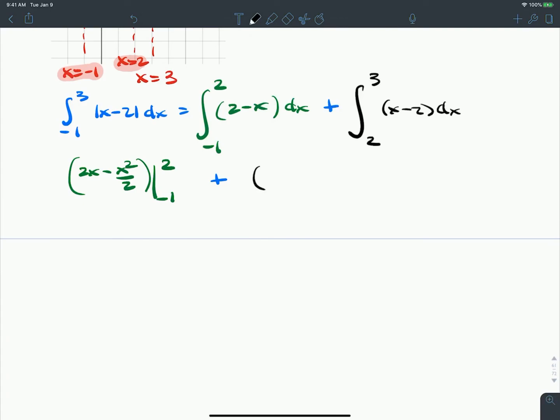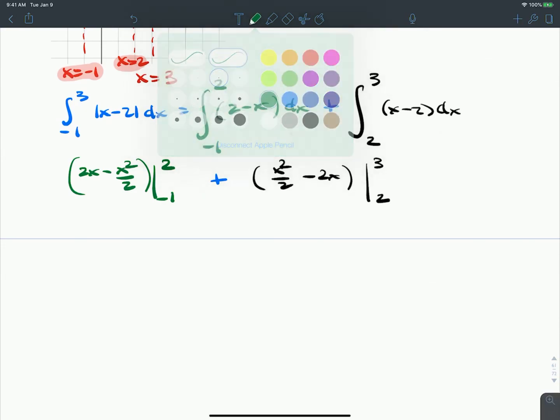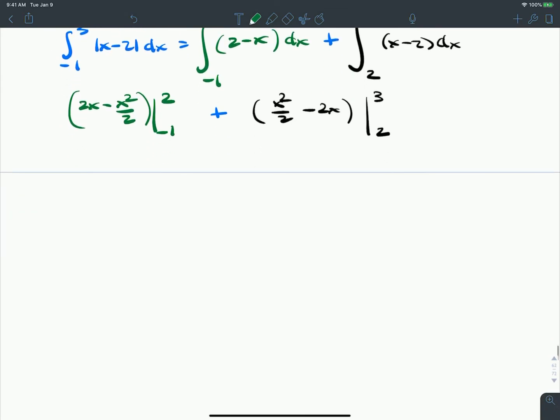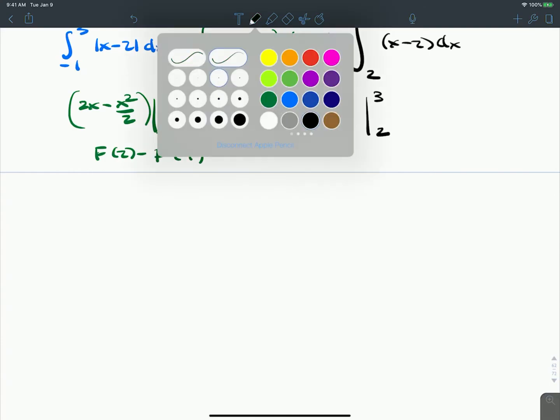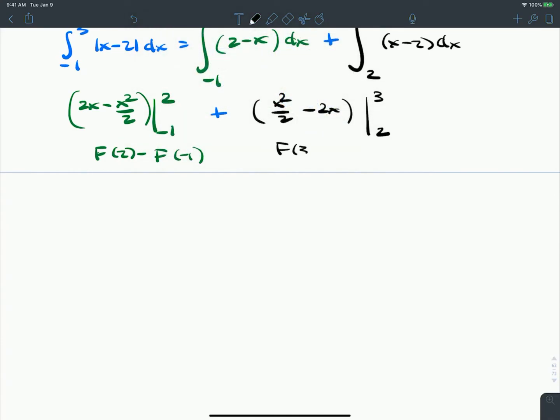Antiderivative of x minus 2 will be x squared over 2 minus 2x. And that's from 2 to 3. Okay, let's plug these values in now, because we have to find f of 2 minus f of negative 1, and also f of 3 minus f of 2.